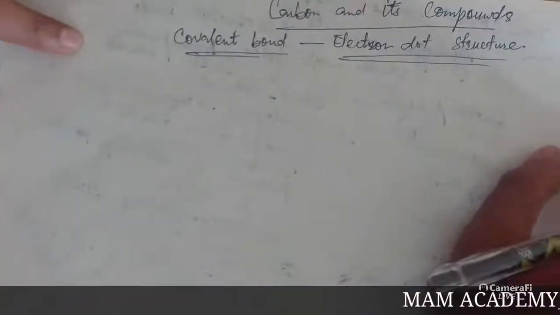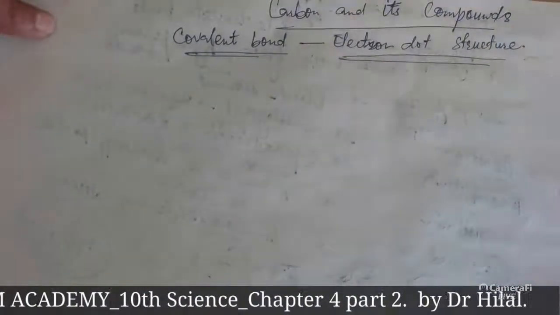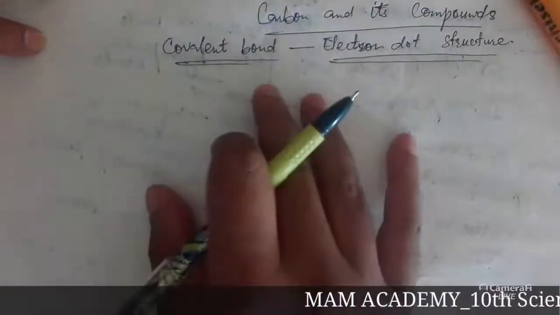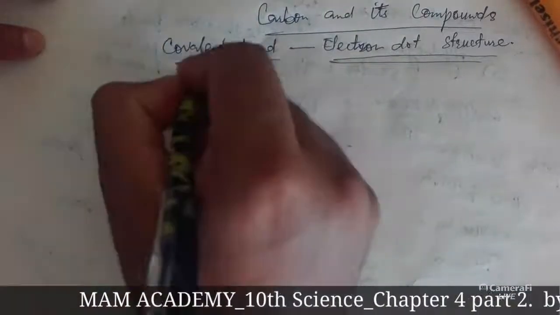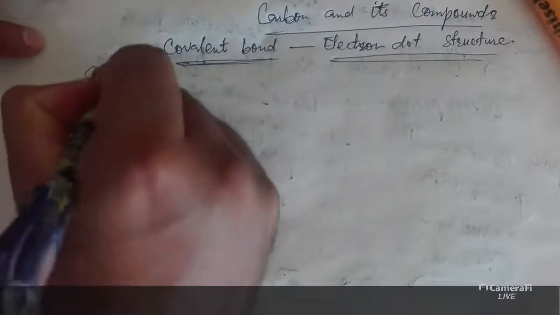First of all, I will try to make you understand what a covalent bond is. A covalent bond is a bond formed by the sharing of electrons.